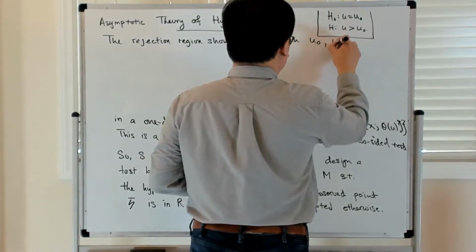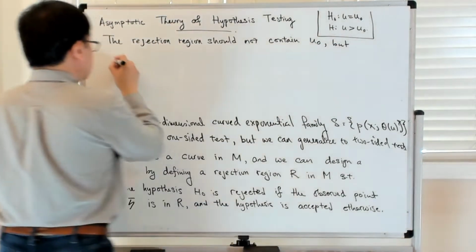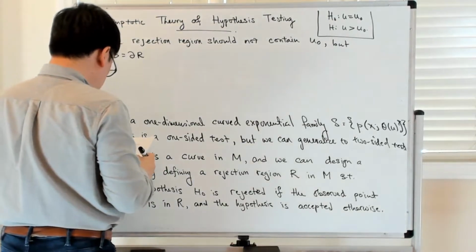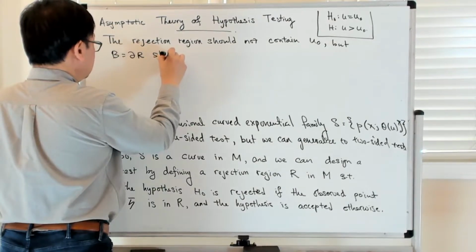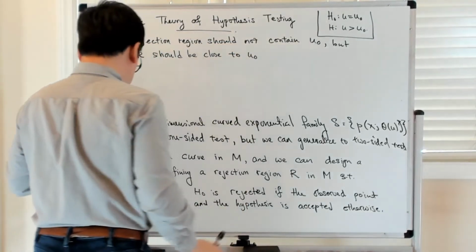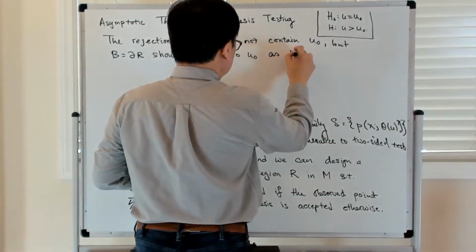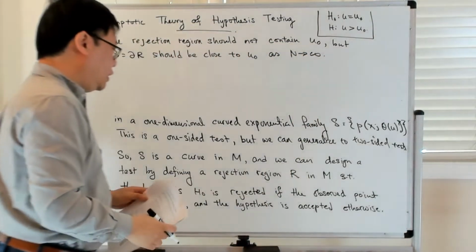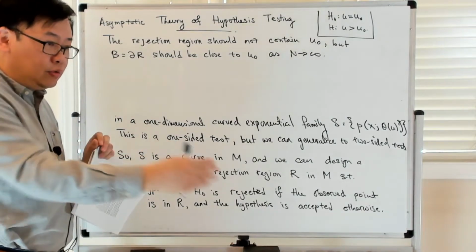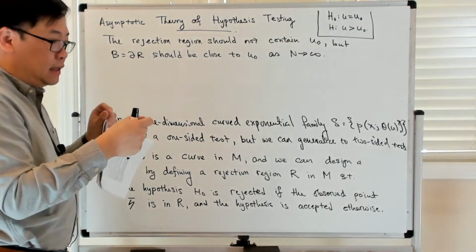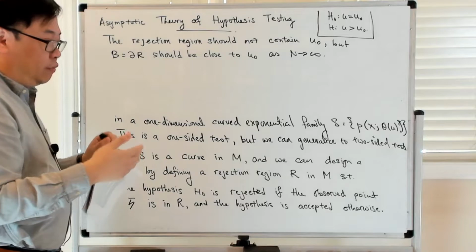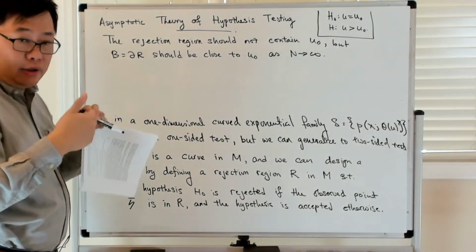So B, which is the boundary of the rejection region, should be close to U0 as n tends to infinity. The reason why that should be the case is that as n goes towards infinity, the distribution you have for the observed point will tend to be concentrated about its true value.